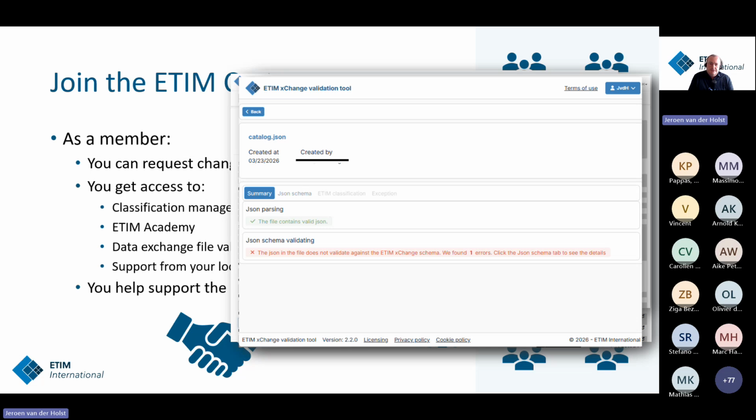And you get tools to test and validate your product data files. And of course, you get support from your local ETIM chapter with all your questions. And we are always backing them up with second line support if needed. But the most important thing is that you help to support the ETIM standards for your own benefit.